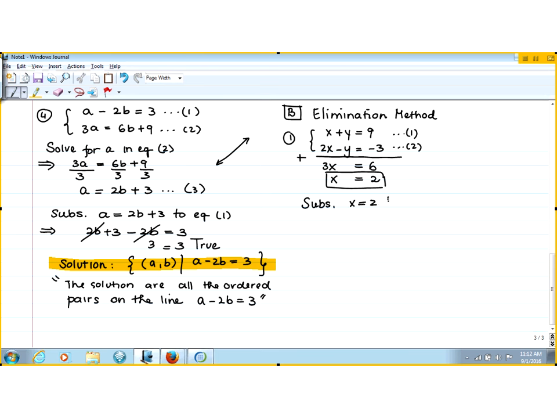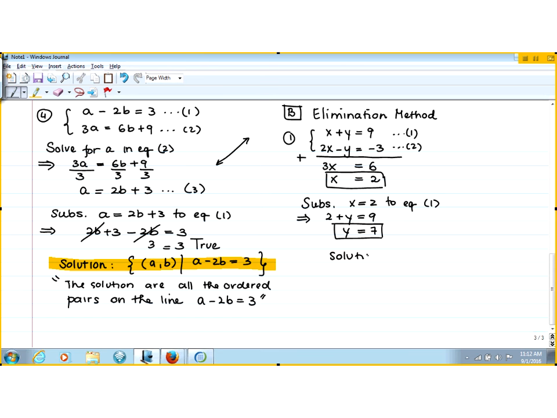Yes, so substitute x equals 2 into equation 1. So what do I have here? 2 plus y is equal to 9. And what is y? 7. And then we are done.